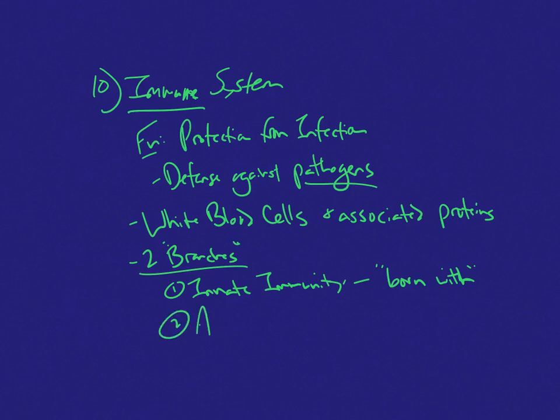And then the other branch is called adaptive immunity. And it's exactly what it sounds like. It adapts over time, right? So this builds up over time. This is why, theoretically speaking, my immune system is a little bit stronger than yours. It's because I've been around longer, right? I've experienced more pathogens in my life.